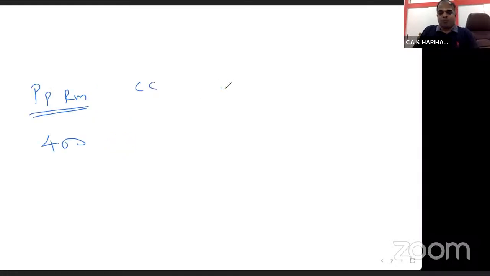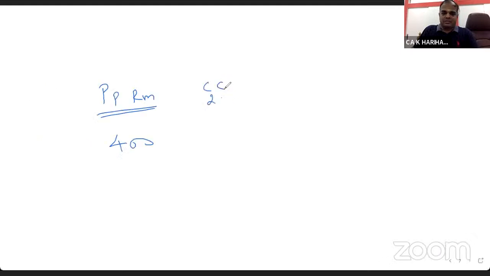Now, dear students, with respect to carrying cost, the specialty of the carrying cost is this. The purchase price of the raw material is 400. Carrying cost is equal to 20% on material. So if I apply 20%, how much does it come to? 400 into 20% is equal to 80 rupees, the carrying cost.